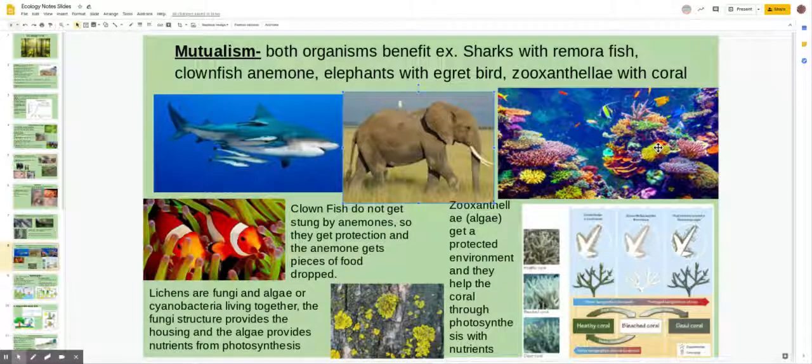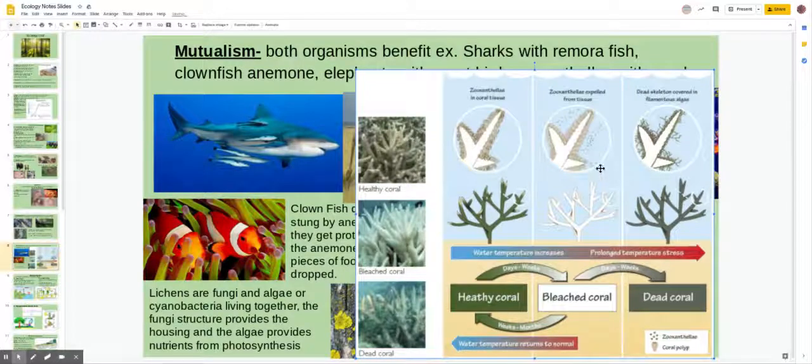Coral, there are a lot of different things going on with coral here. There's a microorganism called zooxanthella. These zooxanthella are photosynthetic organisms that have the ability to take sunlight energy and convert it into food. They live in conjunction with another organism.